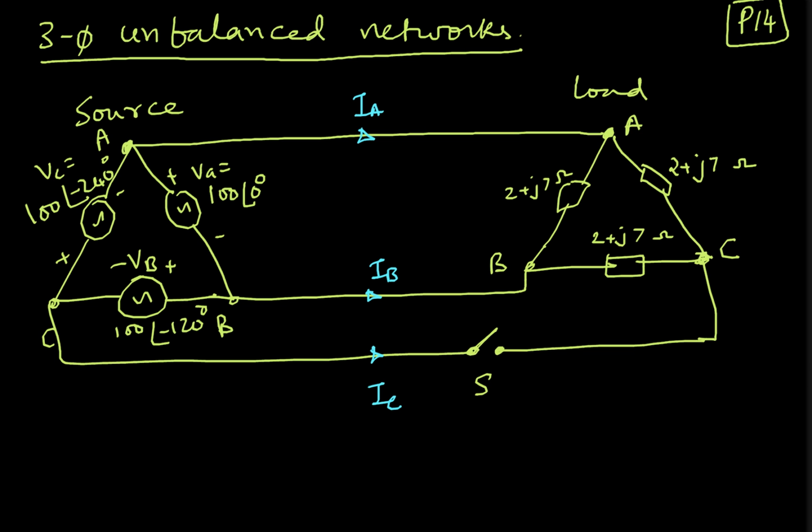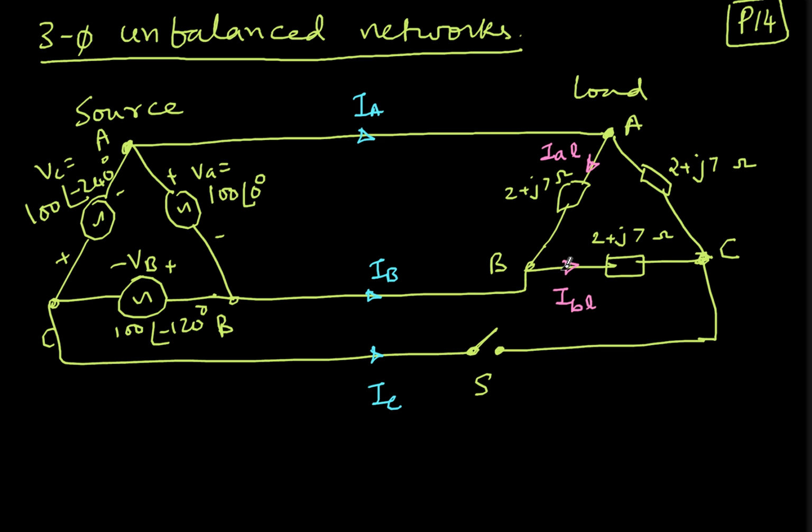Let's call this IAL. IAL is the load current in the A phase. For our purpose, this is considered as A phase, and this one let's consider as B phase.